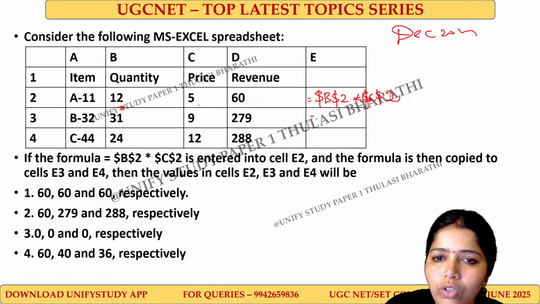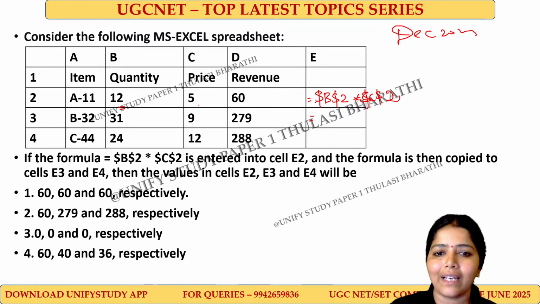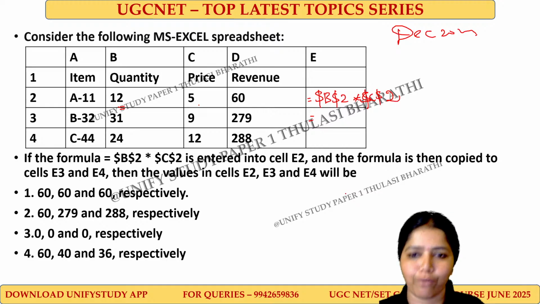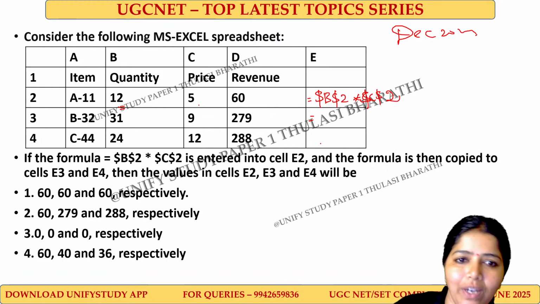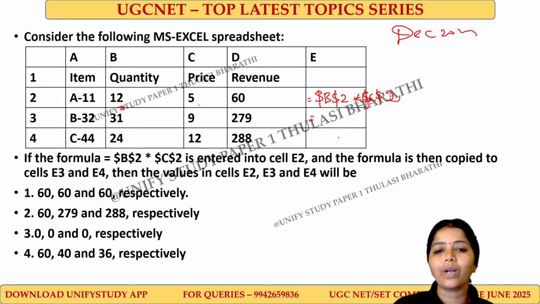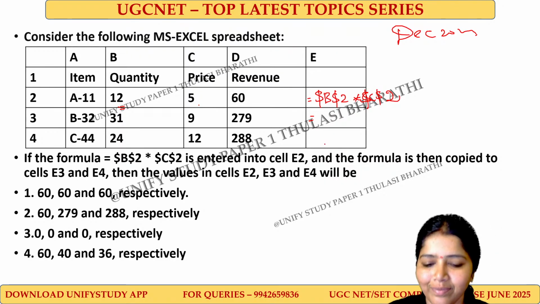It will be replicated. Then what values will be printed in E2, E3, E4? You understand my question? I just told you. What will happen there? Yes, quick answers.